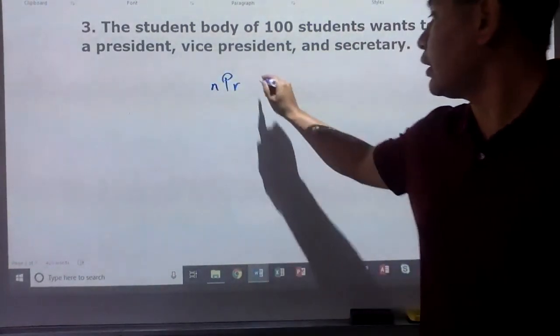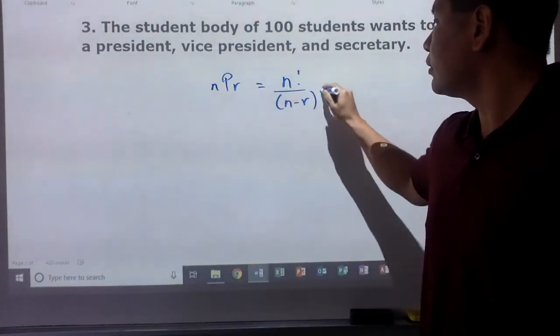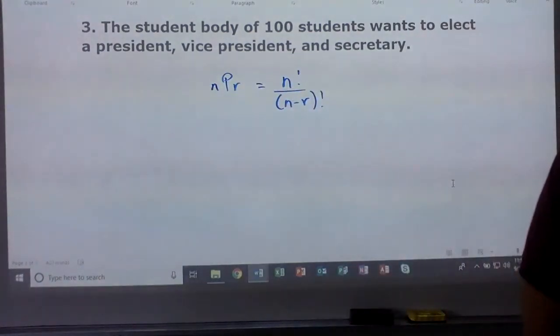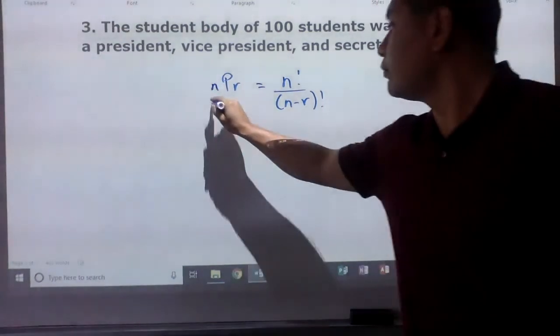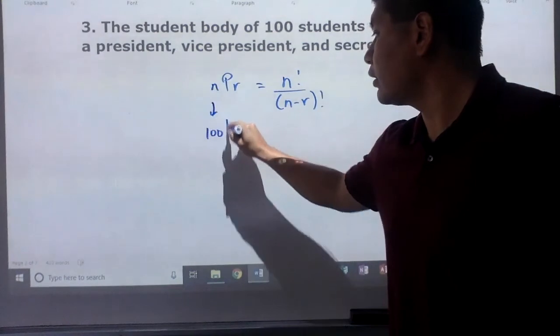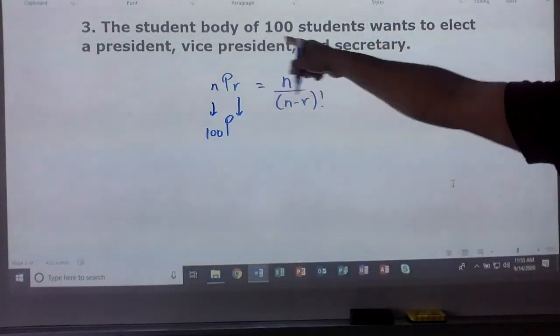The formula looks almost the same, but it's not. It's just missing the r factorial at the end. What's the total number I can choose from? 100. Out of those 100, how many can I select? Well, I only need 3 positions.